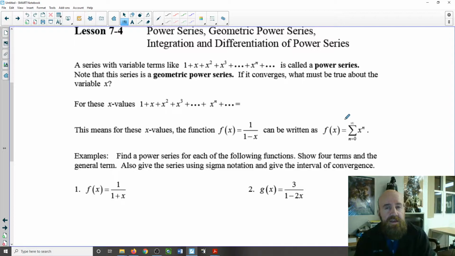Now, this can be tricky and confusing, but once we get into some Taylor and Maclaurin polynomials and some different power series that we're going to look at, it should start to make sense.